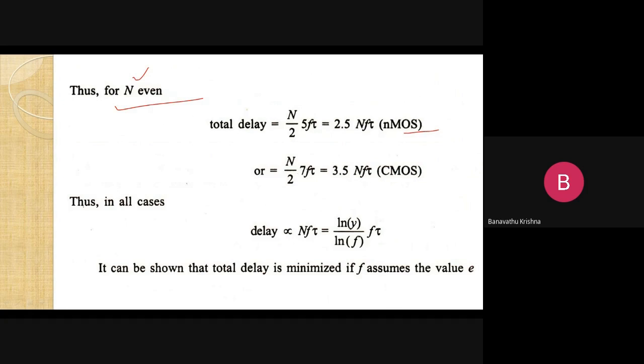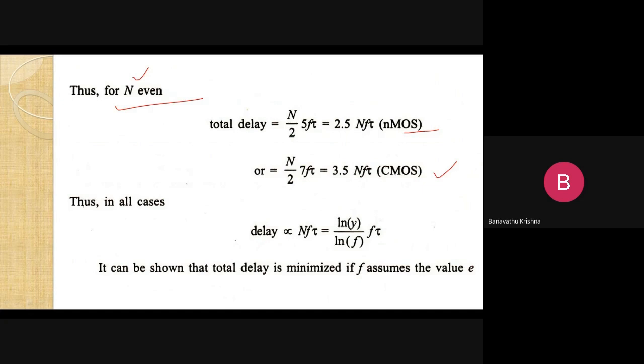Suppose for CMOS, n by 2 into 7 tau, that is equal to 3.5 n f tau for CMOS, right? And in all cases, the time delay is directly proportional to the number of stages into the width factor into tau.